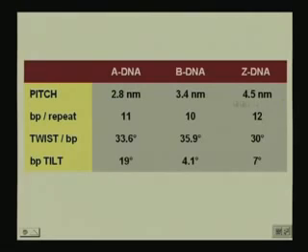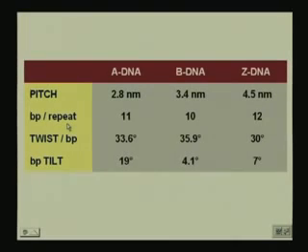These are some of the features of the aDNA, bDNA and zDNA. We have a pitch. What is a pitch? The distance covered by one rotation. So, the aDNA pitch is 2.8 nanometers, the bDNA is 3.4 nanometers, and 4.5 nanometers for zDNA.